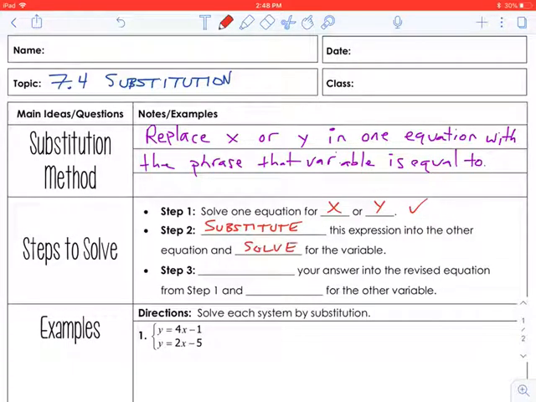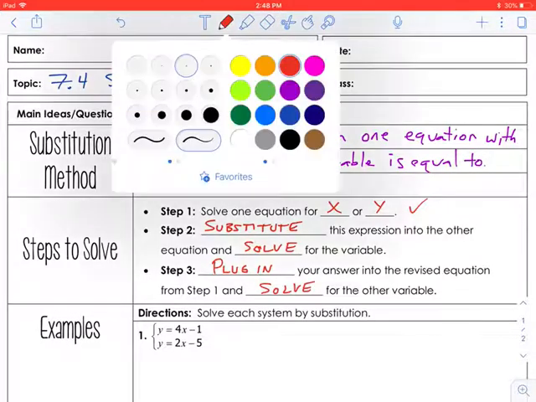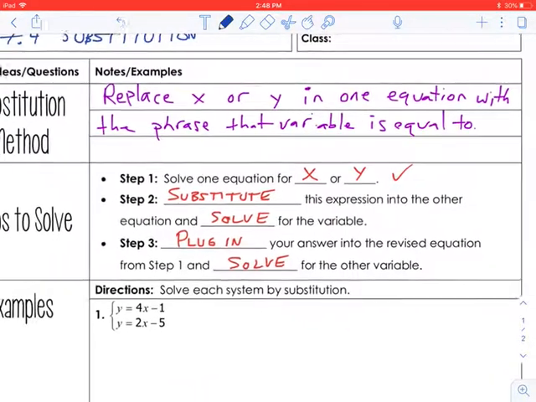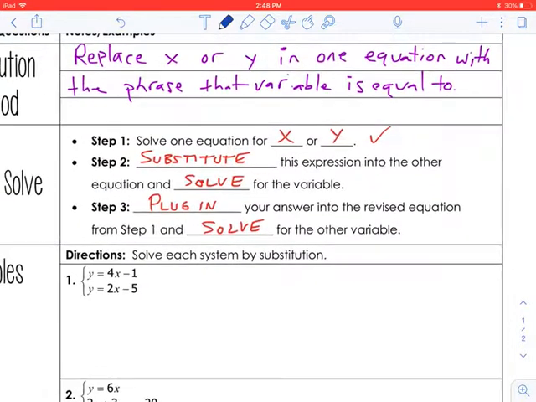So we're going to solve one variable, and then once you have that, plug your answer into the revised equation and solve.